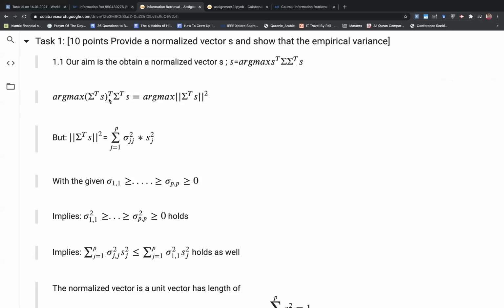And then as you can see, this is just a multiplication of Sigma transpose S, so it would be the norm of Sigma transpose S squared. This denotes the L2 norm, right?